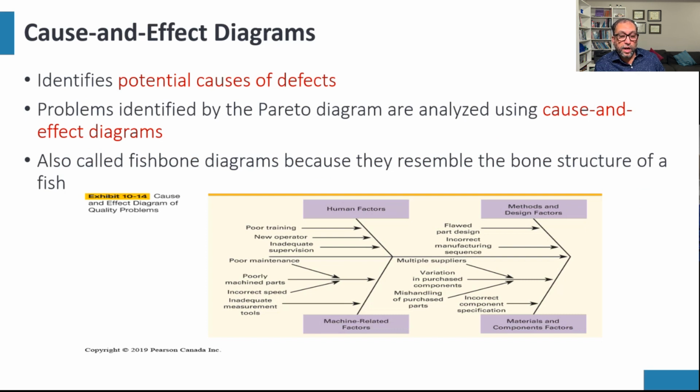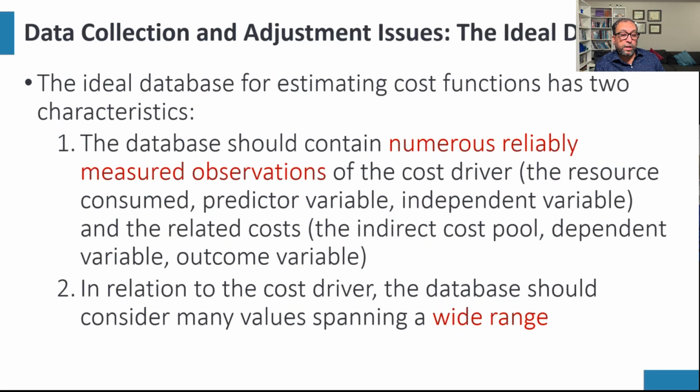Methods and design factors include flawed part design and incorrect manufacturing sequence. Material and component factors are also possible: multiple suppliers, variation in purchased components, mishandling of purchased parts, or incorrect component specification. So these are the different ways we can identify where a problem exists for our quality.